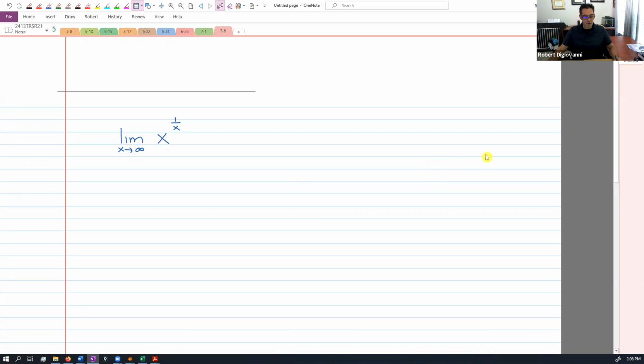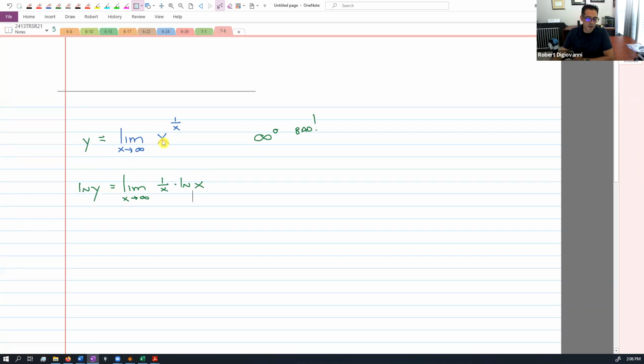Okay, let's do this. We have the form infinity to the 0. This is bad. I'm going to try to work quickly through this. I'm going to call this thing y. I'm going to take the natural log of y on both sides. When I do the natural log, I know that the 1 over x is going to come out in front of the natural log of x.